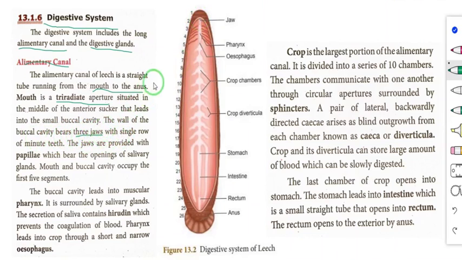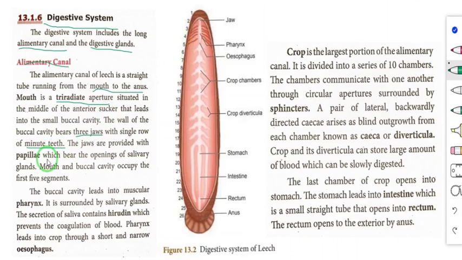Three jaws are present in the buccal cavity, as well as a single row of minute teeth.